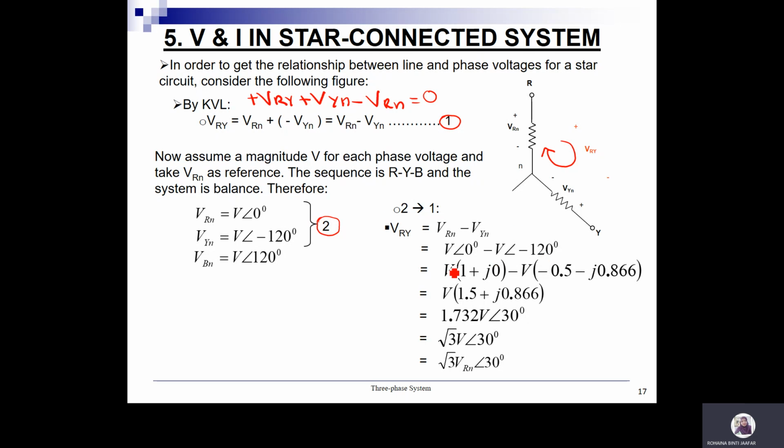Then you change to complex number form, and finally you get this answer. 1.732 is actually square root of 3, with an angle of 30 degrees. So finally VRY is equal to root 3 VRN with 30 degrees.